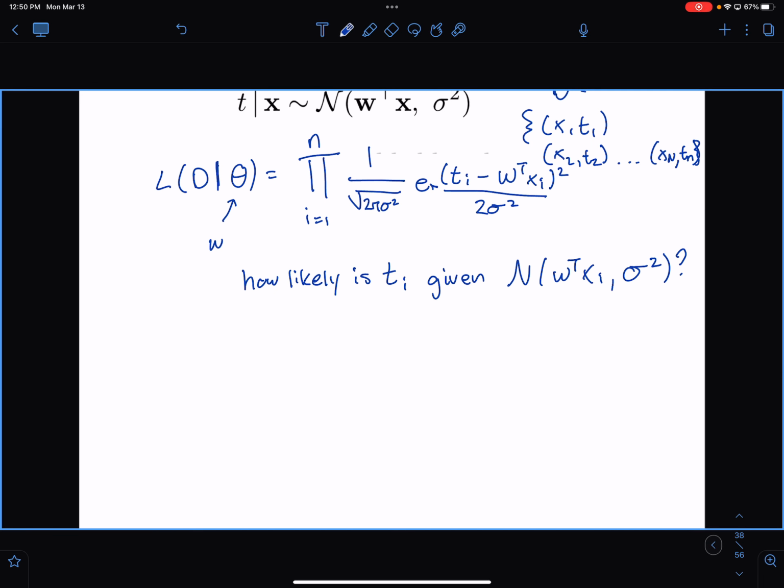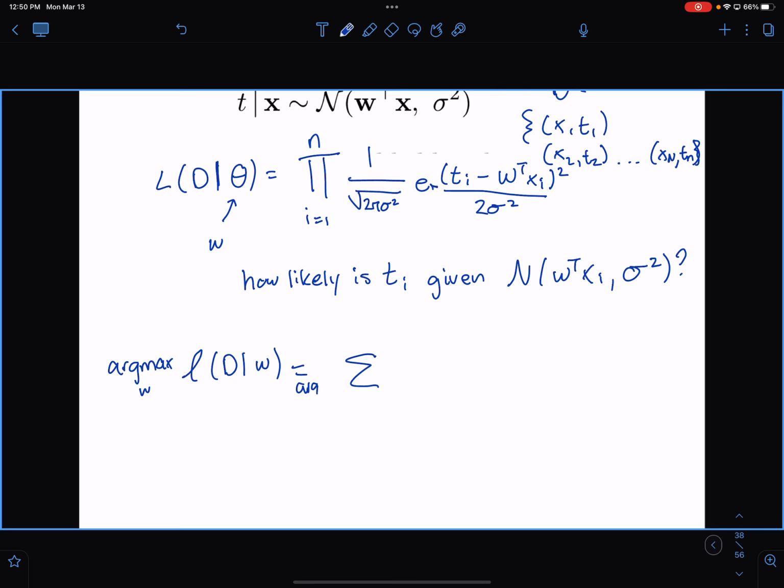So if you take the log of this entire expression, we have the likelihood of our data given W equal to, so we're taking the argmax over W now, which means we can throw away the constants that we don't care to estimate.